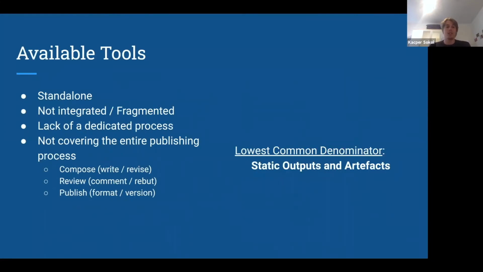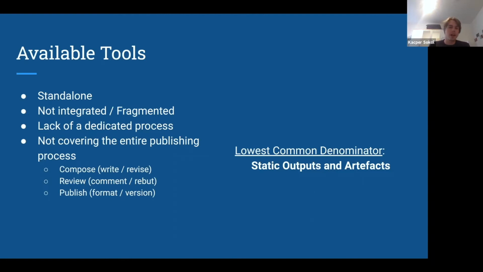So even with tools that are available right now, they're usually pretty standalone, not really integrated. Maybe somebody did something, but they are not built into somehow an overarching publication process. And by publication process, I mean composition of these outputs like text, figures, presentations, videos, what you may have.